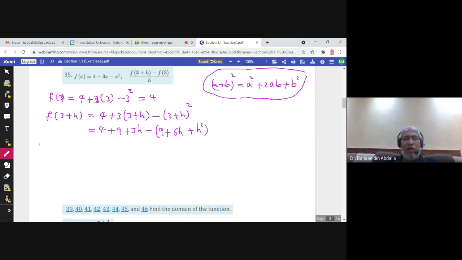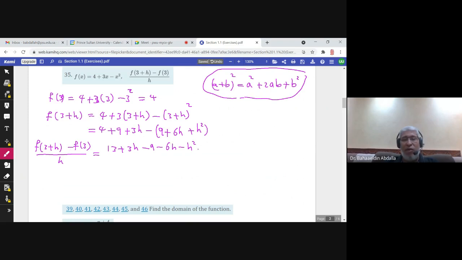Now let us find f of 3 plus h minus f of 3 over h. F of 3 plus h is here. So 4 plus 9 is 13 plus 3h minus 9 minus 6h minus h squared. You multiply the negative by all the terms.